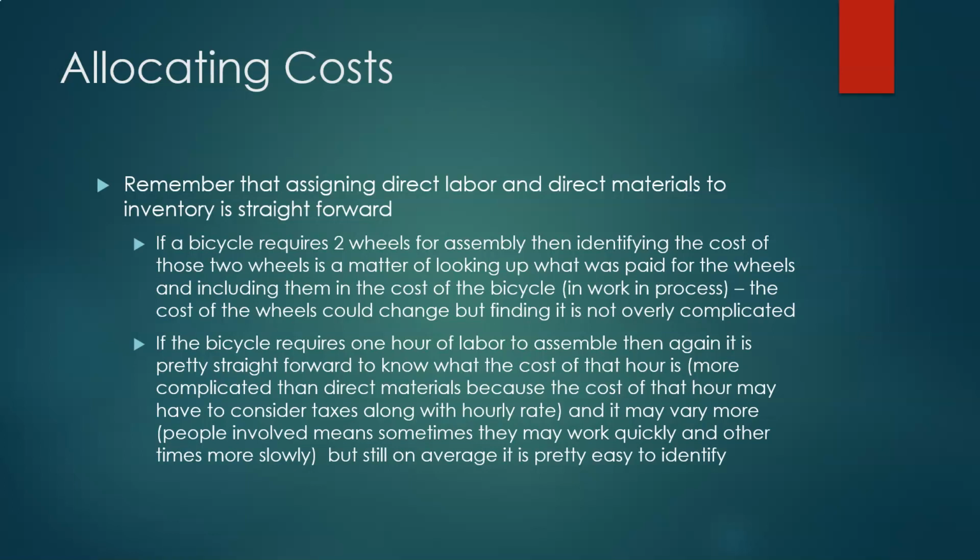Then the next step would be the labor portion, the assembly of that particular bicycle, and then painting it and all of that, and then moving it to finished goods, and then dealing with the costs that have nothing directly associated with them, which is going to be our overhead, and then allocating that cost to the various portions of that process.